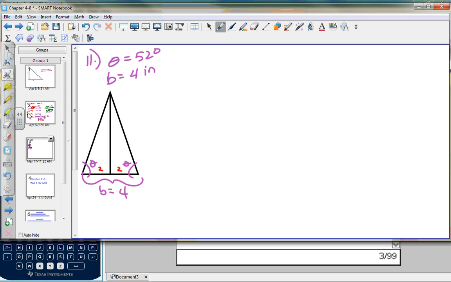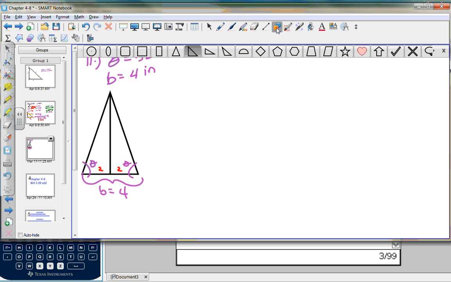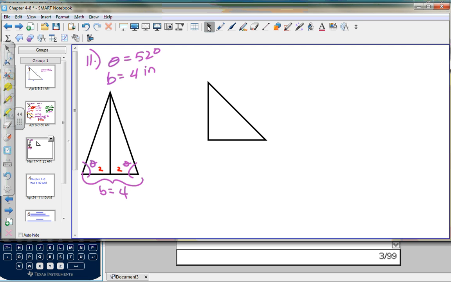So what we actually have going on here, just so that you can see this, you have 52, you have 2, and then you have your altitude, which is x. Why is it x?